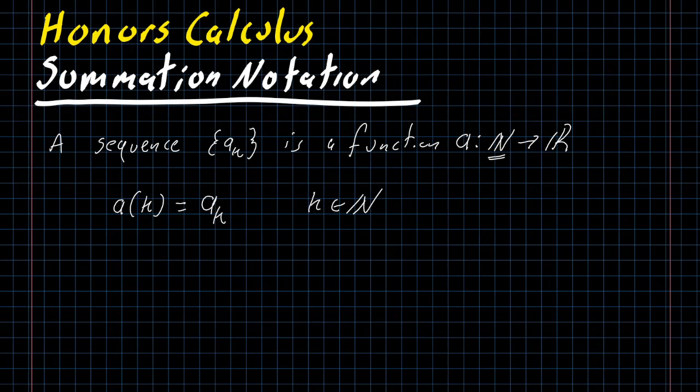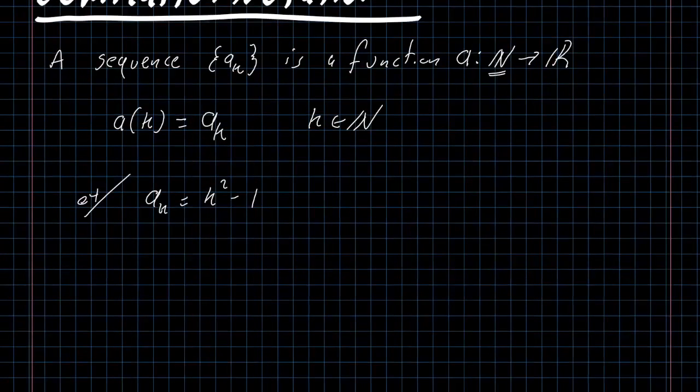We can define sequences in any number of ways. For our purposes, for right now, we're going to stick with sequences that are defined pretty nicely in the polynomials. So for example, if I have a_k equals k squared minus 1, then plugging in k equals 1, 1 squared minus 1 is 0. Plugging in k equals 2, 2 squared is 4, 4 minus 1 is 3.